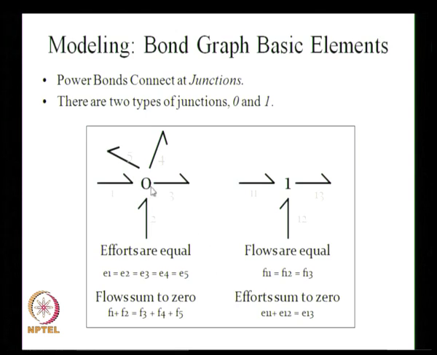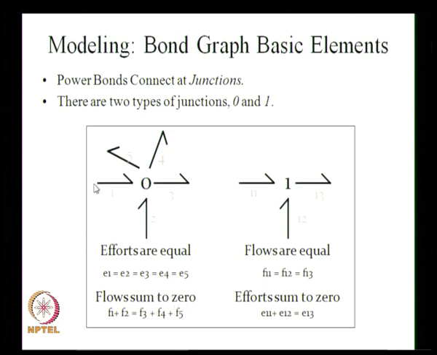We say the 0 junction is a common effort junction because all the efforts are equal in this junction. We have 5 bonds here, and all these bonds have the same effort. So E1 is equal to E2 is equal to E3, E4 and E5. All the efforts are equal and the flows sum to 0.